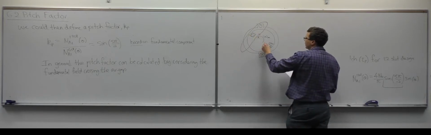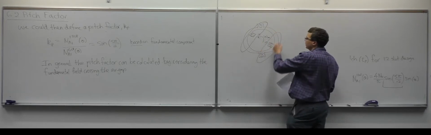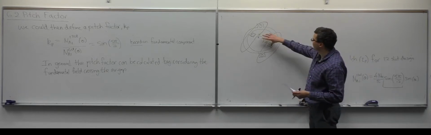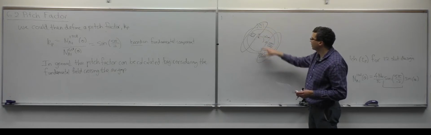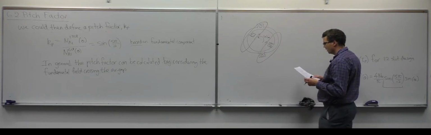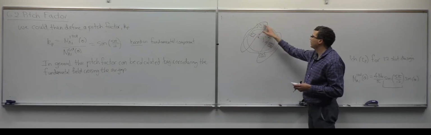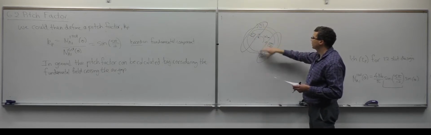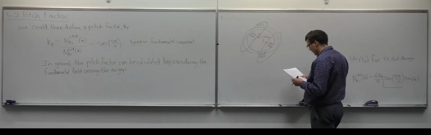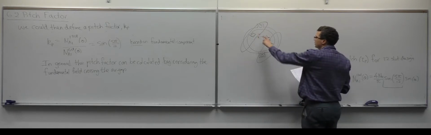The coil is going to create a field that circulates, and it's going to try to couple to the outer winding. And so you can see that the flux linkage between the rotor and the stator winding, single winding, will be maximized if they were lined up, if the angle between the two windings was 0.